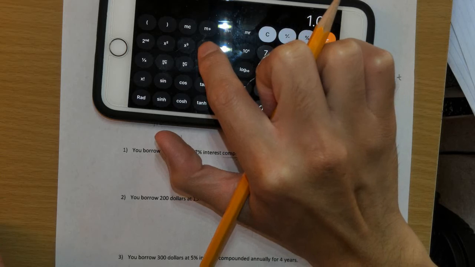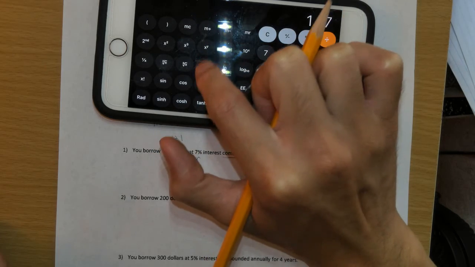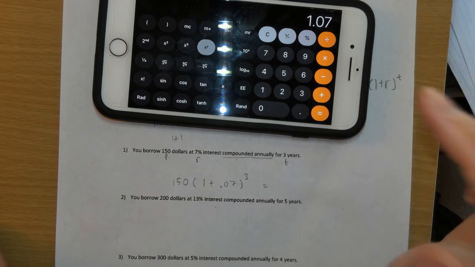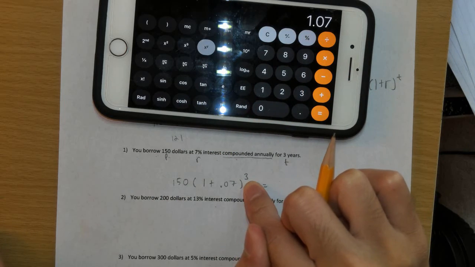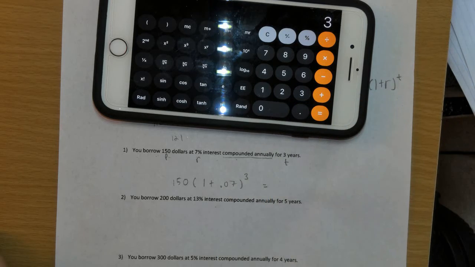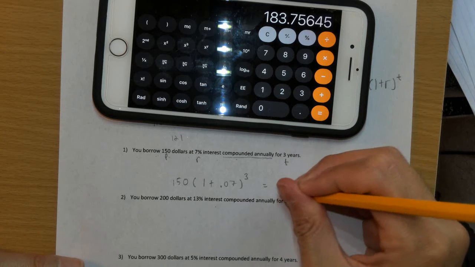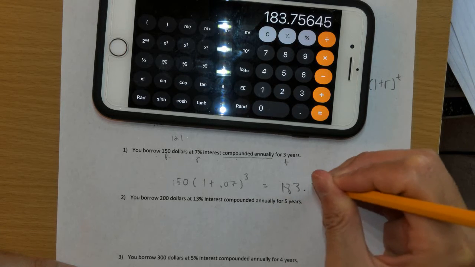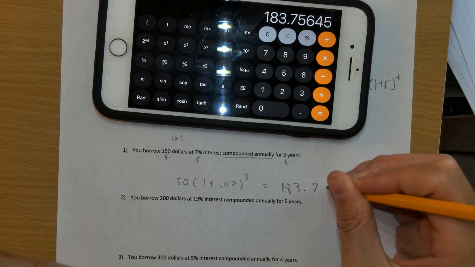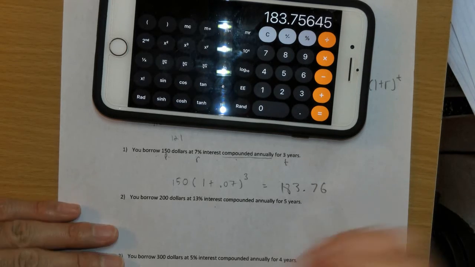You're going to have to click that thing that shows X with a small y on top of it. And once you click that, then you press whatever number you need, which is 3. Then I press equal. So you're going to get $183.70. I'm going to round it to 76 cents. And that's all.